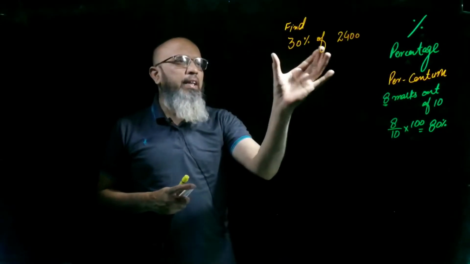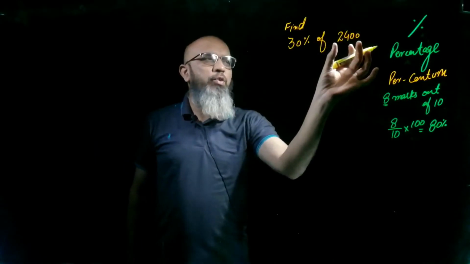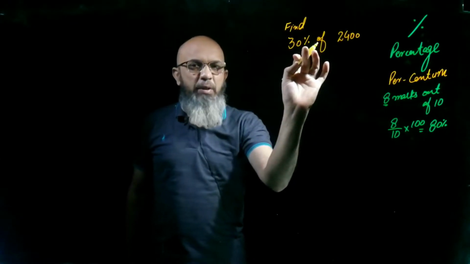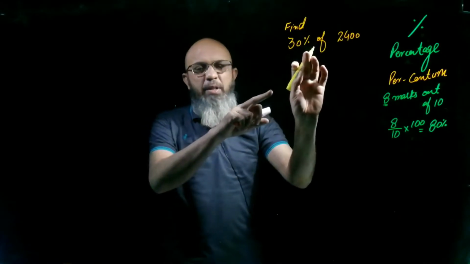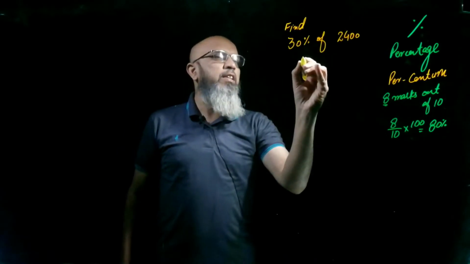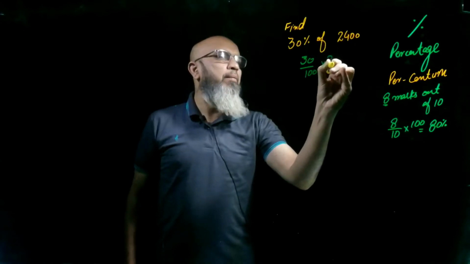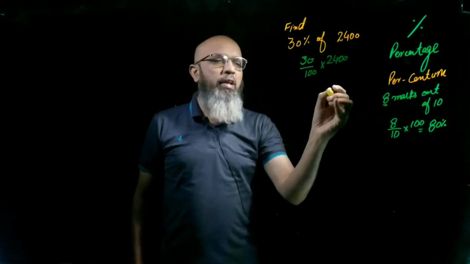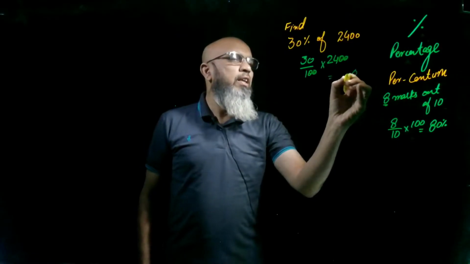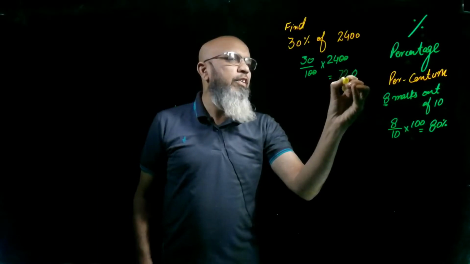What is the total value? That is 2400, and you have to find 30%. When we have to find the percentage of any value, we divide by 100. That means 30 over 100 multiplied by 2400. The zeros cut, and you multiply 30 with 24, so your answer is 720.